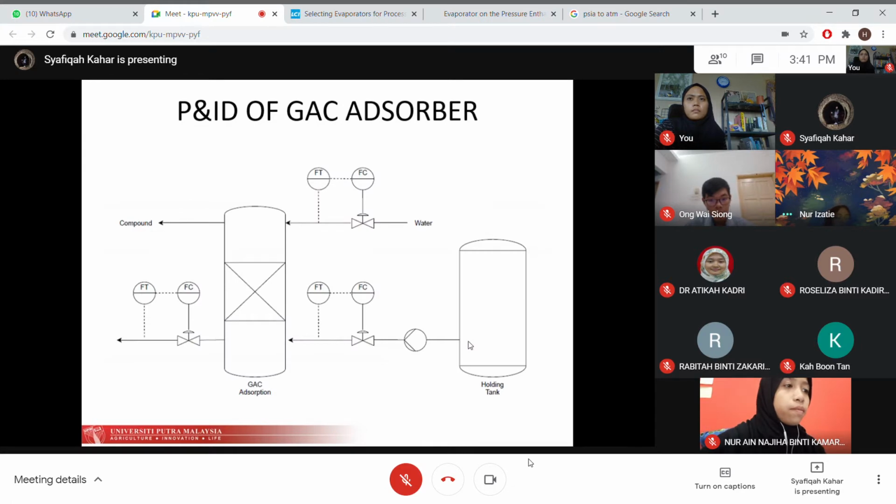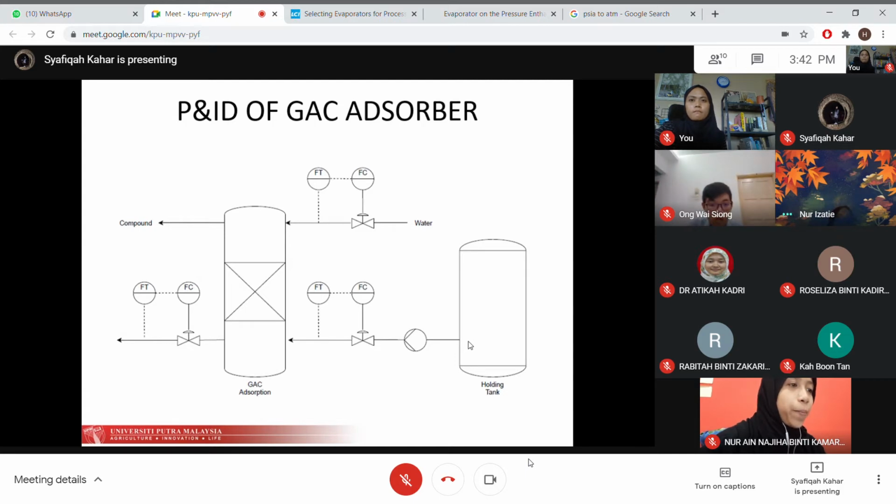Next, this is the P&ID of the GAC adsorber. The flow rate of the IMO syrup liquid is controlled at the inlet stream to ensure that the maximum level of the liquid is not exceeded during the process and that the adsorbed IMO syrup is discharged after the process.